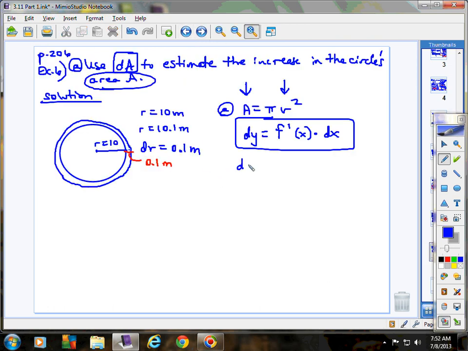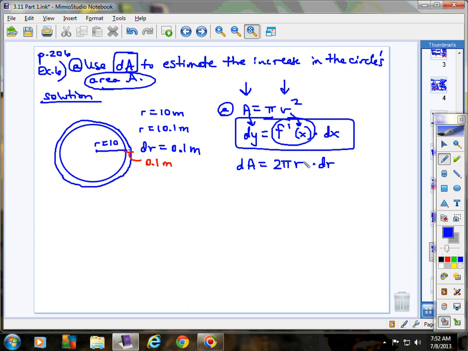So for us, dA instead of dy equals the derivative. We need the derivative of that, so we bring our 2 down, 2 pi r to the first. So 2 pi r is the derivative, times dx, not x, but for us a what? Independent variables, not x, but r, right? Times dr. So A and y, r and x.